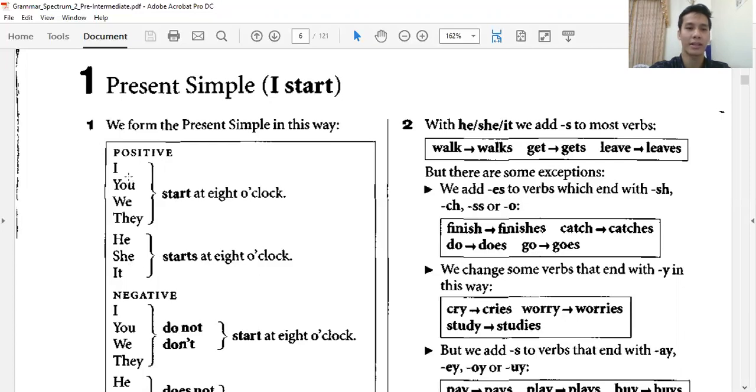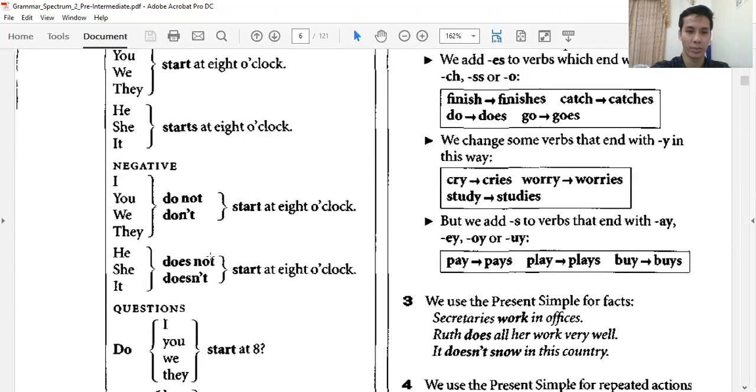That's why they are different. For example, I start at 8 o'clock, or you, we, they start at 8 o'clock. But with he, she, it, for example, he, she, it starts at 8 o'clock.